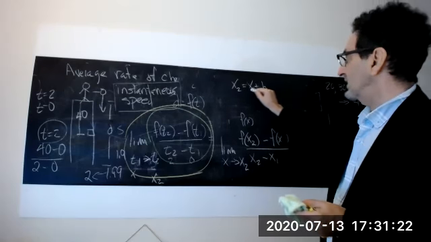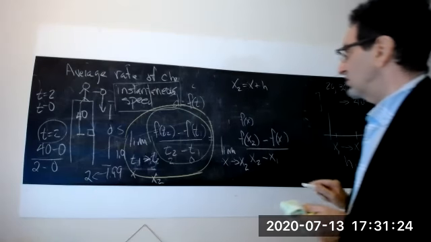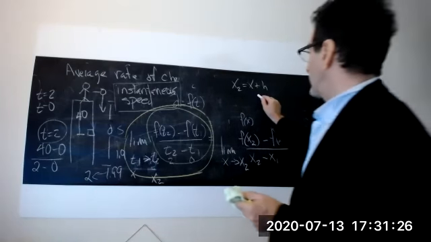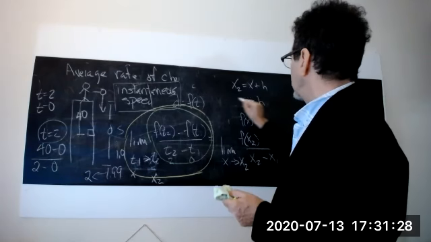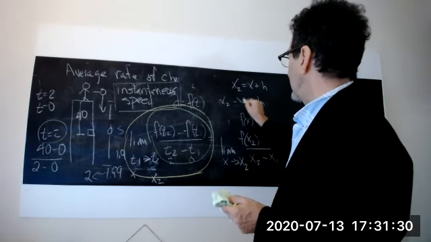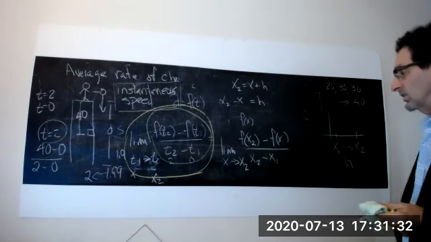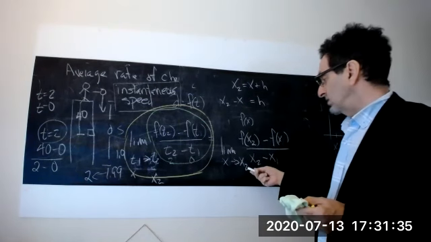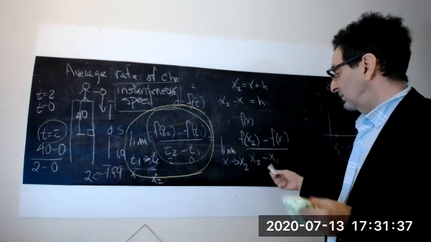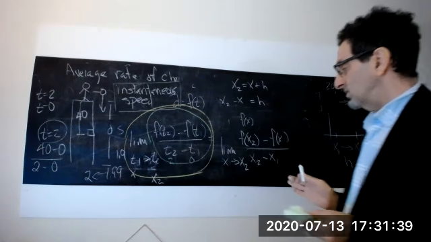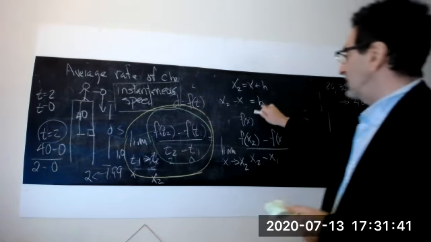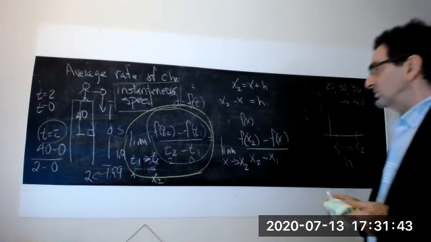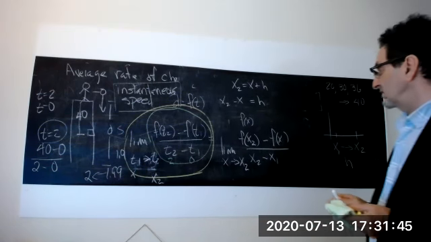If you take x and add h to it, you get to x2. And we can also say that h equals x2 minus x. So if x is approaching x2, that means the distance between x and x2 is getting smaller. That means h, which is that distance between x2 and x, is going to 0.